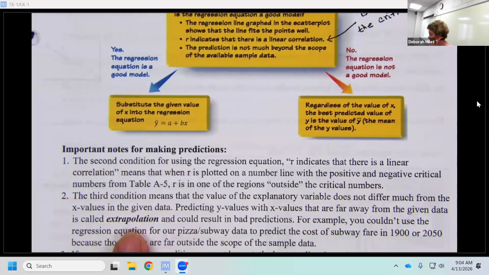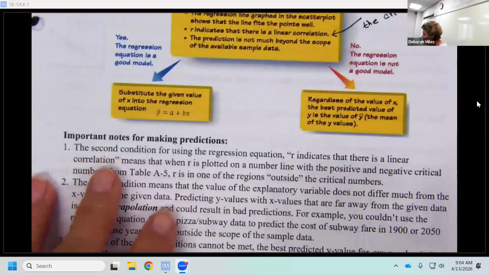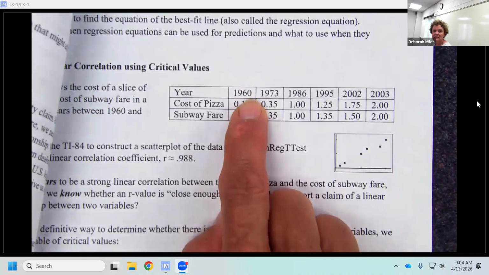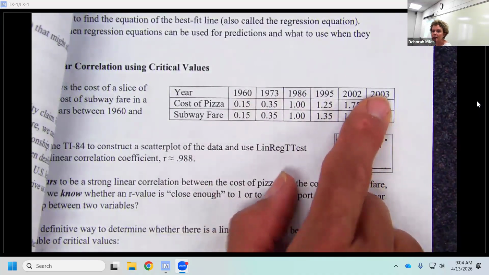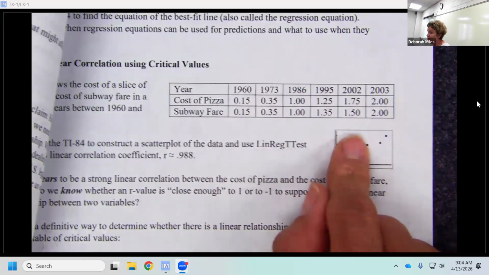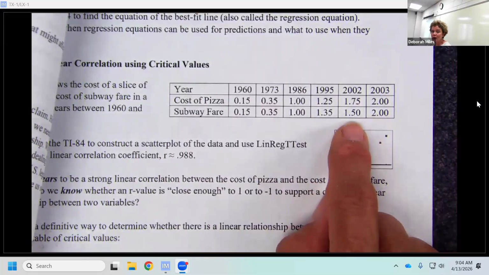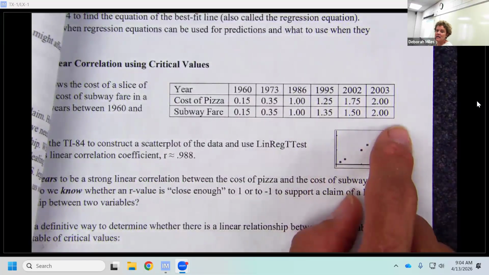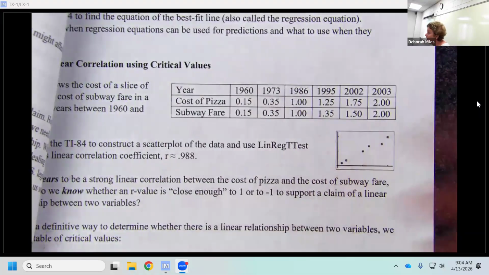Predicting Y values with X values that are far away from the given data is called extrapolation and could result in bad predictions. Our pizza Subway data was only from approximately 1960 to 2003. Whatever equation we come up with, I wouldn't use that equation to predict the cost of Subway fare in 2026.